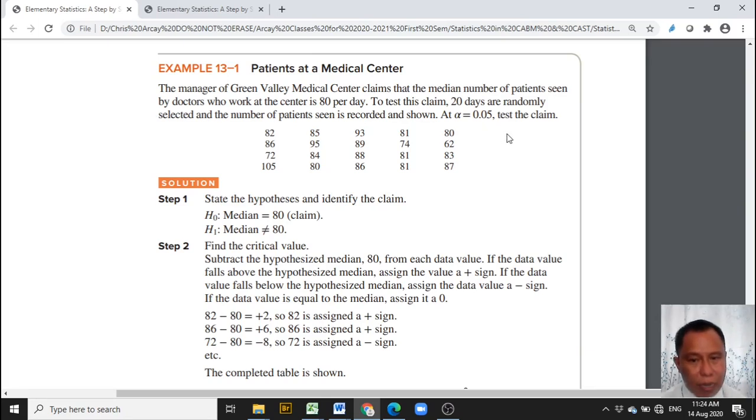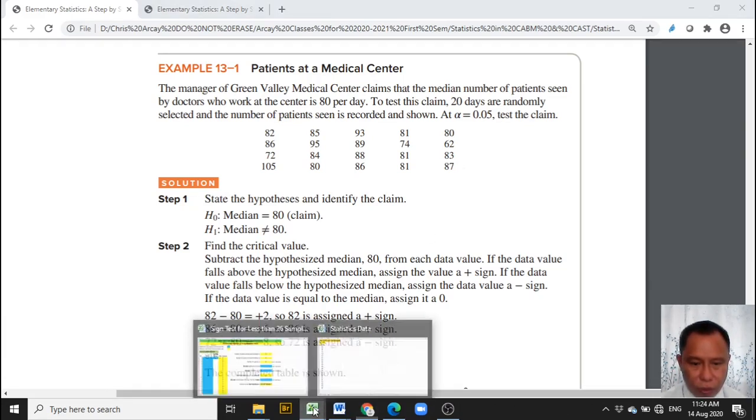Aside from that, analyzing the problem, the investigation is just to test whether these values are greater than or less than the median, which means that the tail that we are having now is 2 tail.